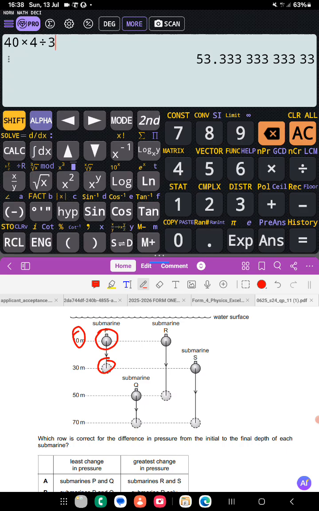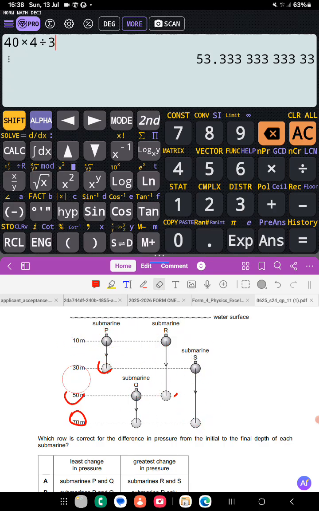Then Q initially was at 50, and finally at 70. R was at 10 again, and finally at 50, and so on. S was at 30, and finally at 70. Okay, so let's look at the question.